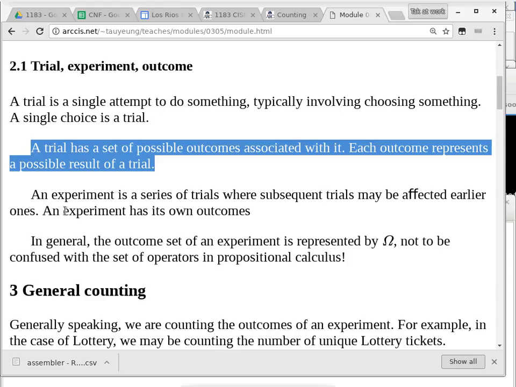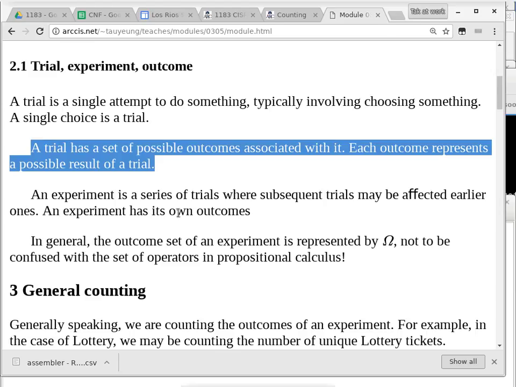All right. An experiment is a series of trials where subsequent trials may be affected by earlier trials. An experiment has its own outcomes. So let's think about just flipping a coin twice. Flipping a coin the first time is one trial. It has two possible outcomes, head or tail.